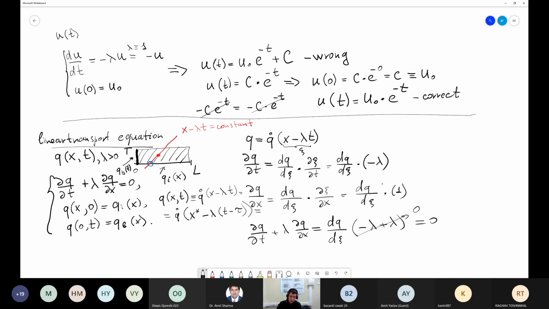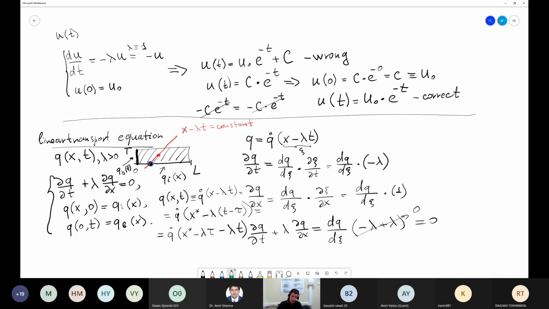It is equal to X star minus lambda tau minus lambda T. So we can calculate the position of this point.